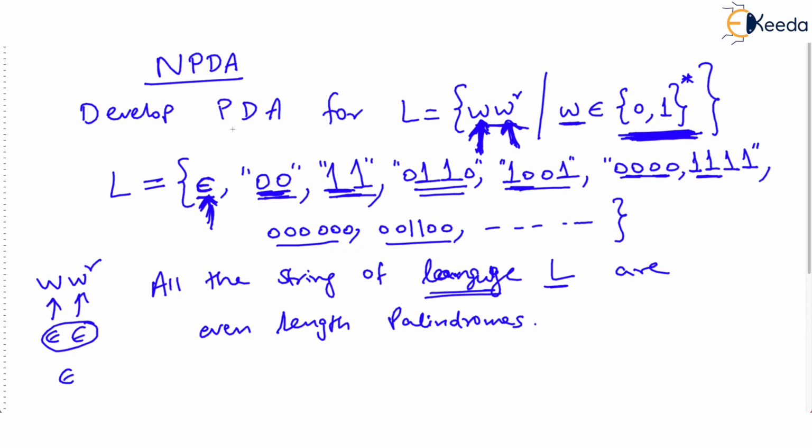This PDA can be developed only by using non-deterministic pushdown automata. Look, this problem cannot be solved using DPDA. You will know why in a short time. But recall, just one or two videos back, we developed the language W C W raised to R, where W is made up of {0, 1} closure.